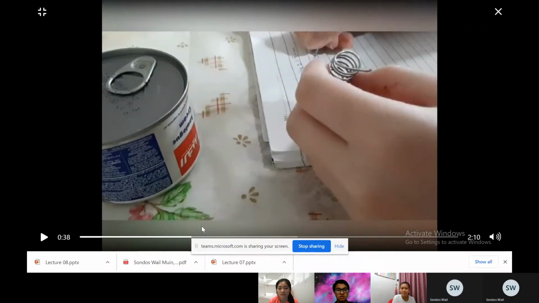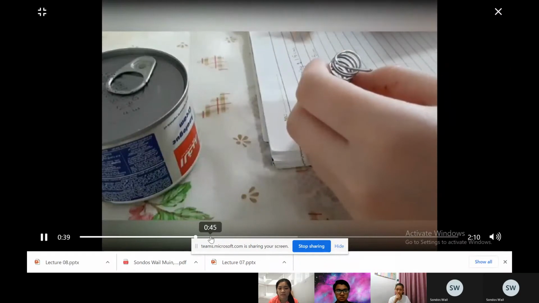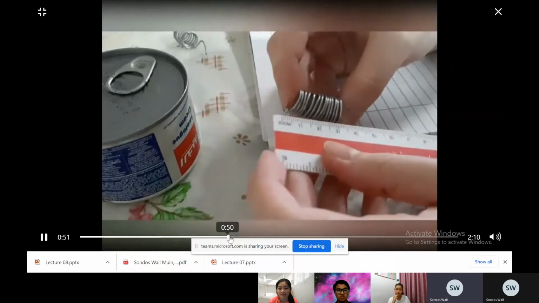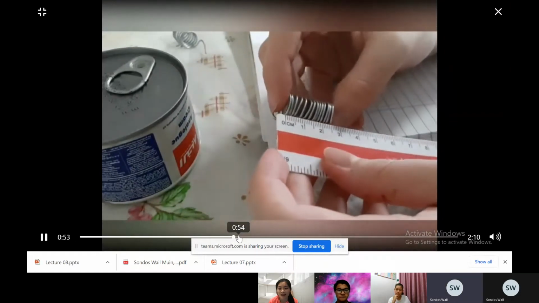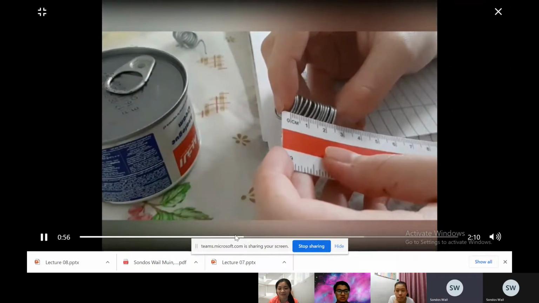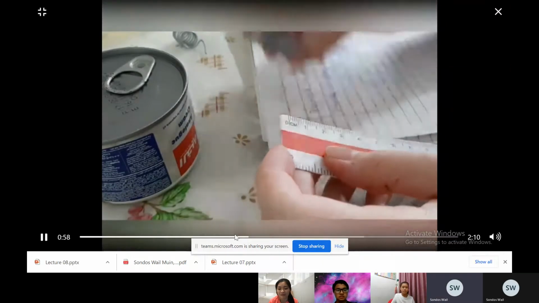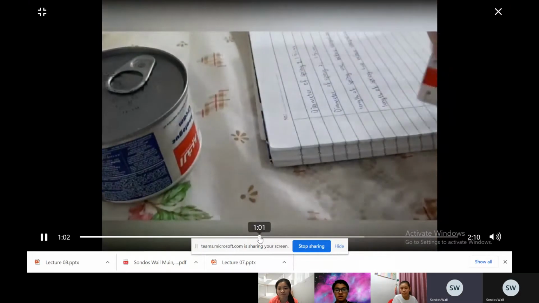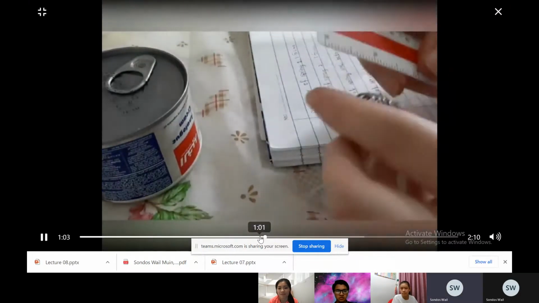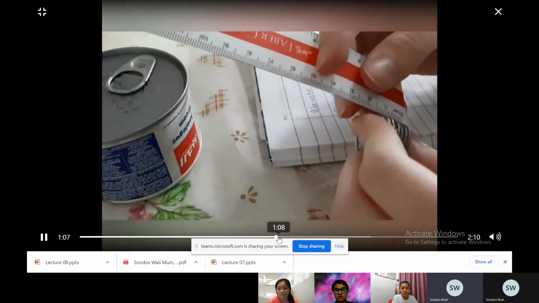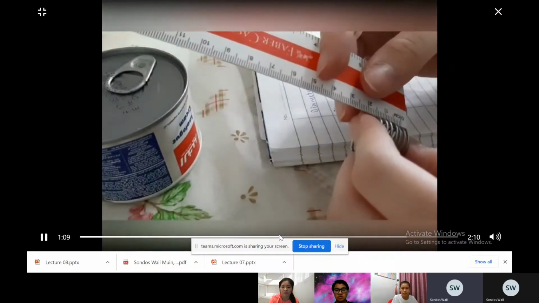Continue. Okay, so here I'm measuring the initial length of the string. It's 2.5 centimeter. And for the second string, it's 1.8 centimeter.